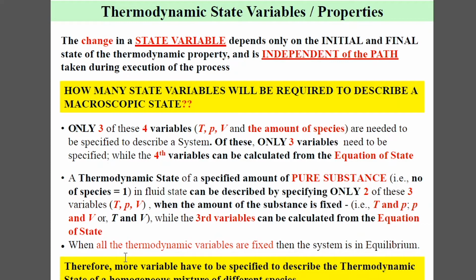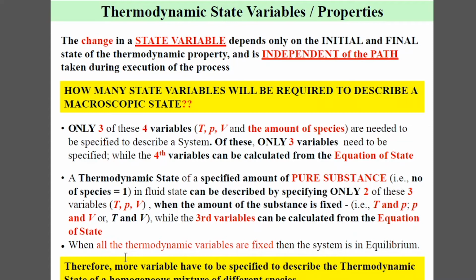If I have a single phase non-reacting gas, then I need only 3 thermodynamic parameters from the 4 specified to describe the state, while the 4th variable can be calculated from an equation of state. So you understand the importance of the equation of state.